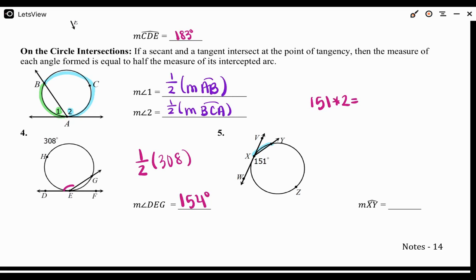So for XZY, that whole arc is actually 302 degrees for this whole outside. So we can find the arc measure by just taking 360 minus 302. We get that measure of arc XY to be 58 degrees.